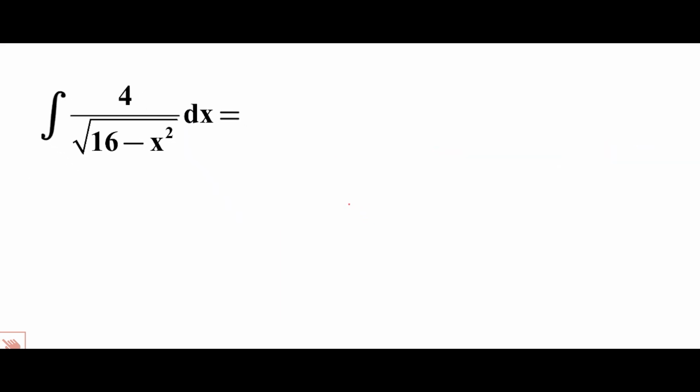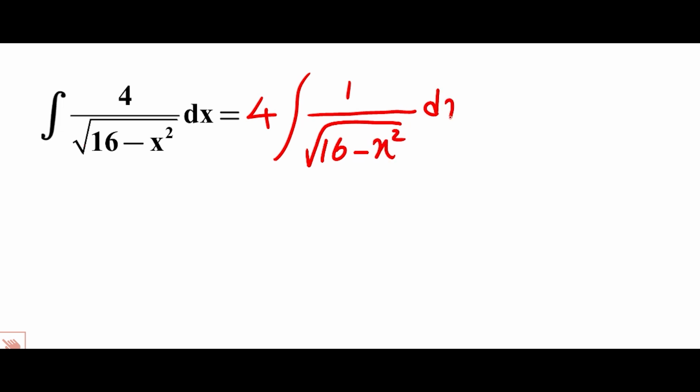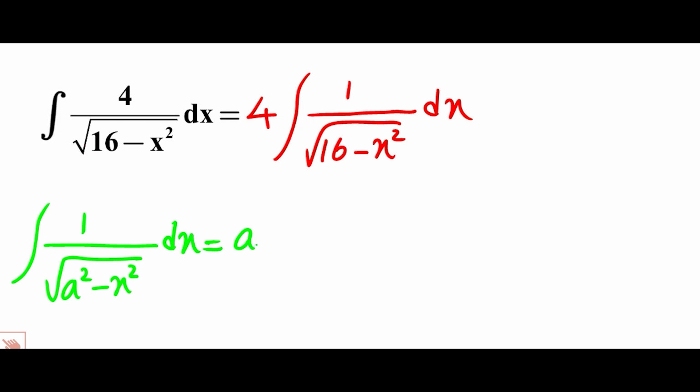For example, the integral of 4 over the square root of 16 minus x squared dx equals 4 times the integral of 1 over the square root of 16 minus x squared dx. So this matches the general arcsin formula, because the integral of 1 over the square root of a squared minus x squared dx equals arcsin of x over a plus c.